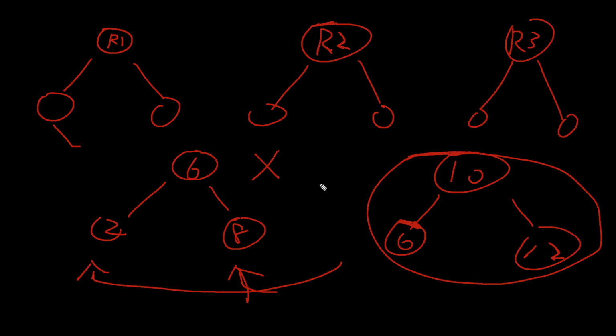So that's why the first observation is that the merged root should not exist in any of the leaves. So we need to find that root first.